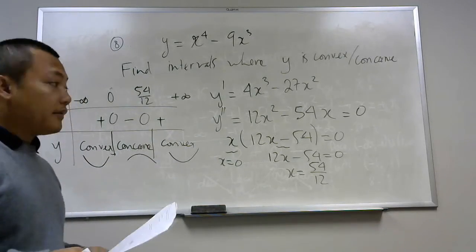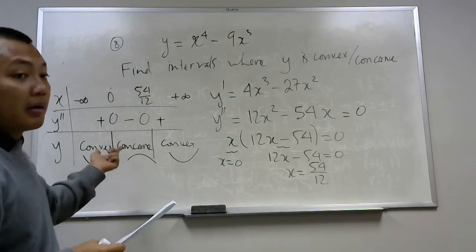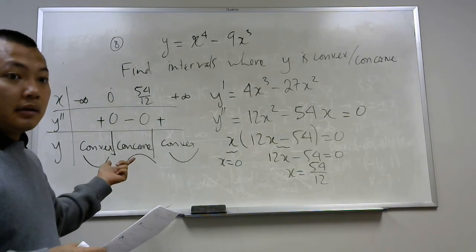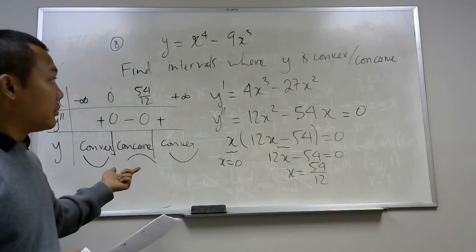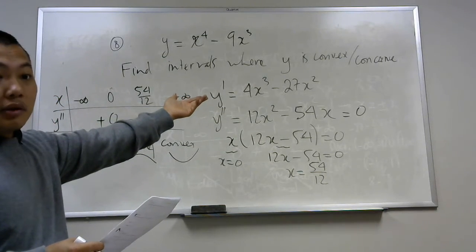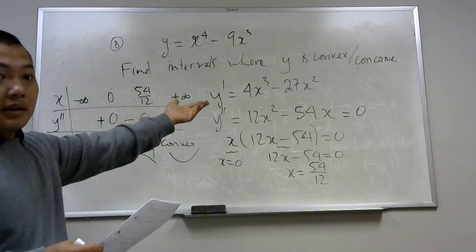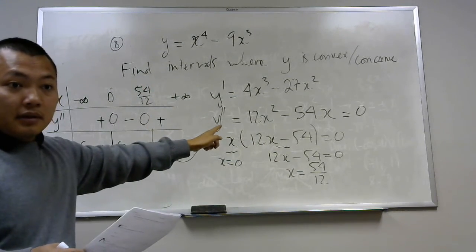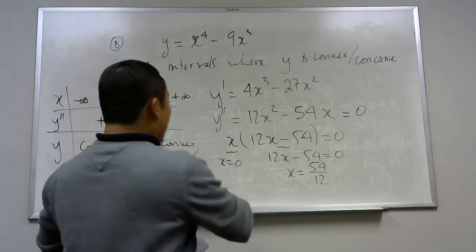In case they ask you to use the second derivative test to classify relative extremum, first you need to find all relative extremum candidates, all critical points, from the first derivative. And then you plug all those into the second derivative. Okay, let's do that.